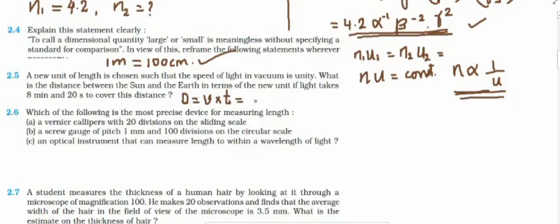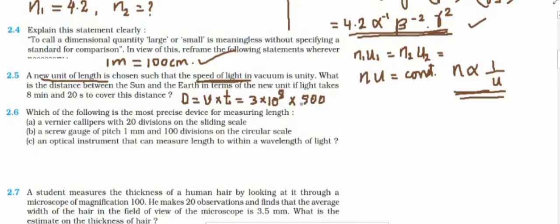You can substitute the values. Speed of light is 3 into 10 power 8 into time 8 minutes 20 seconds. You have to convert into seconds. You will get approximately 500 seconds.